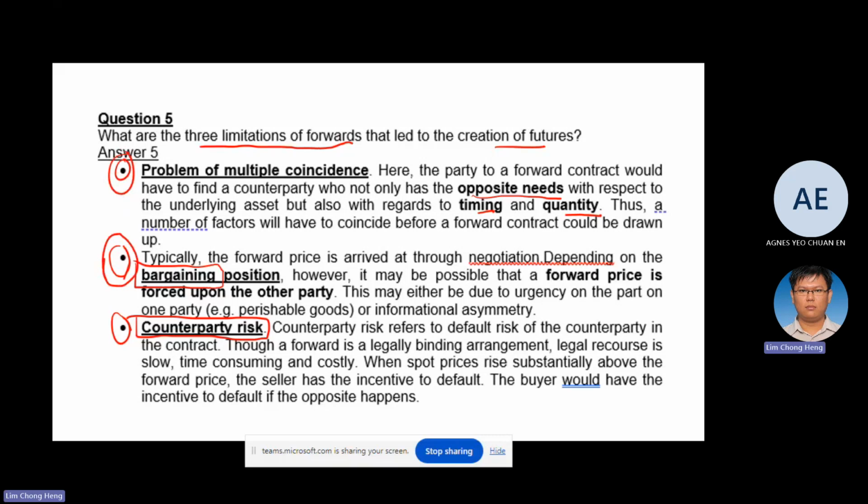They use demand and supply, so the price in the market is always a fair price, based on demand and supply. And how to solve the counterparty credit risk? Margin account, the hold margin and daily settlement, or sometimes we call it mark to market.